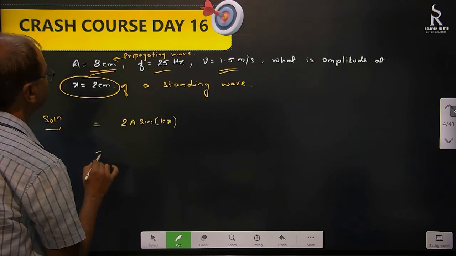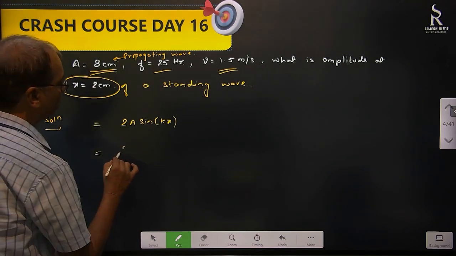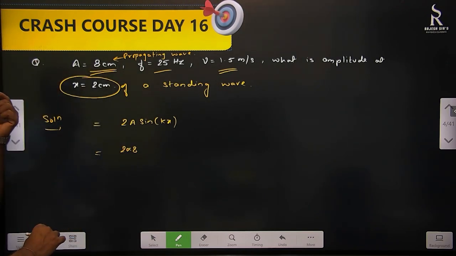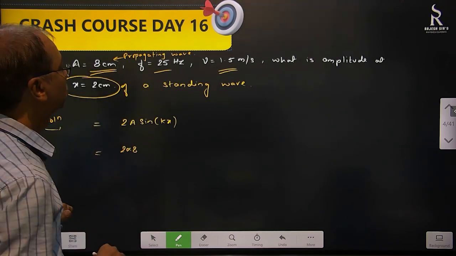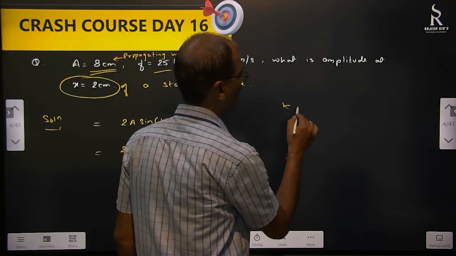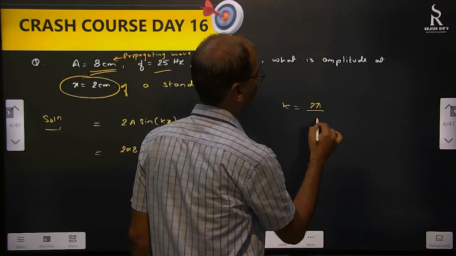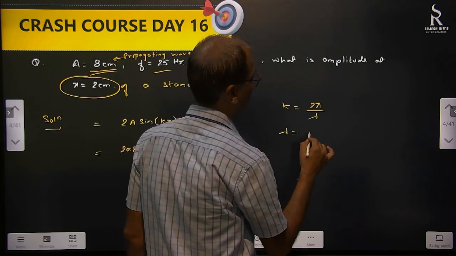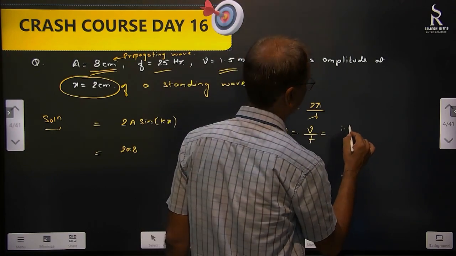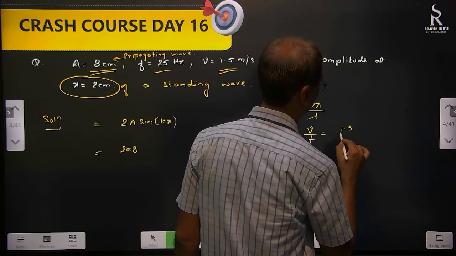So this will be 2 into 8 into sin kx. Now, the k value we have to find. It's not given. So k value is 2 pi by lambda. And lambda is velocity by frequency. So velocity is given 1.5 and frequency is given 25.